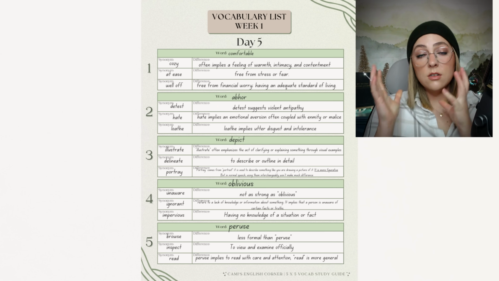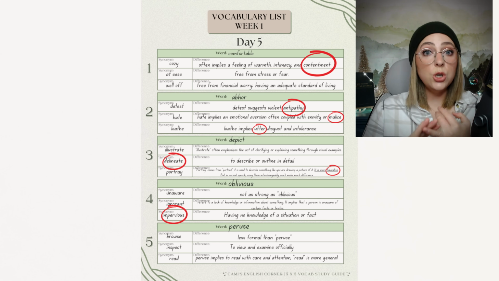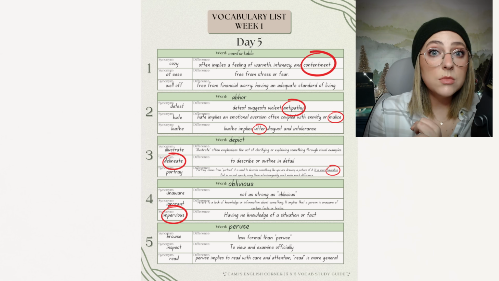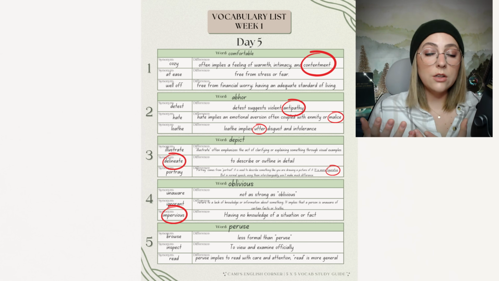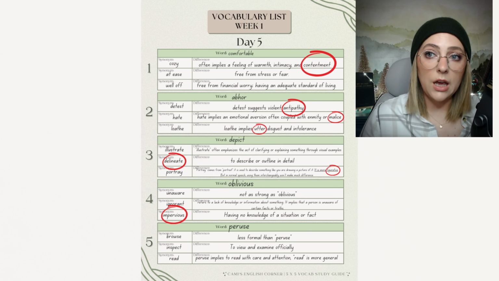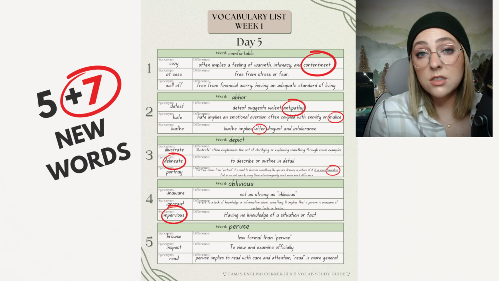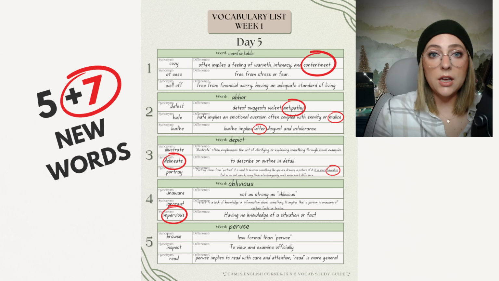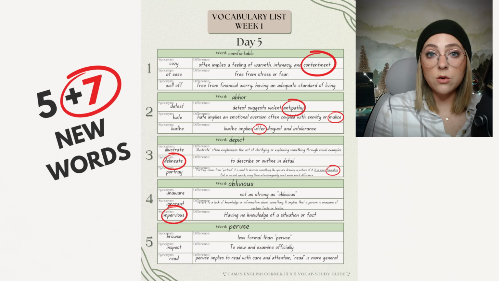Maybe for day 5, when you wrote down the synonyms, you learned new words from the synonyms or from those nuanced differences. So if we look at the completed synonym page, there could be potentially 7 new words that you learned. So instead of learning only 5 words, you actually learned about 12.